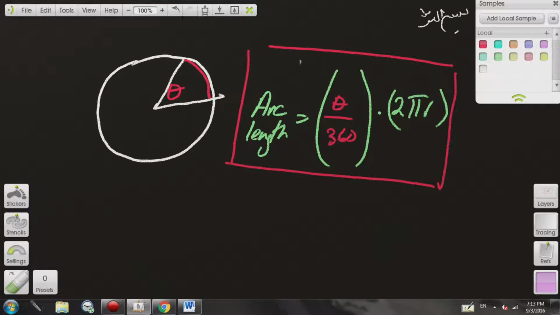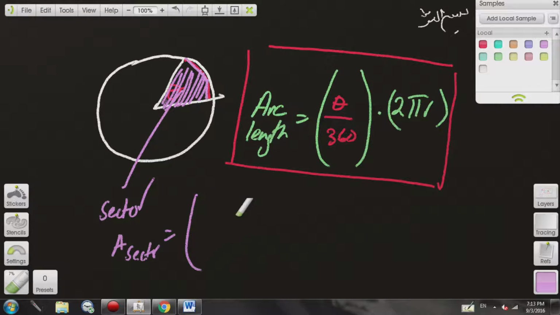Now, same thing. If this was a slice of pizza, the area of this is called a sector. That's the arc, and this is the sector. The area of a sector is going to be the same thing. It's going to be a fraction of the area of the circle. What fraction? The same fraction.